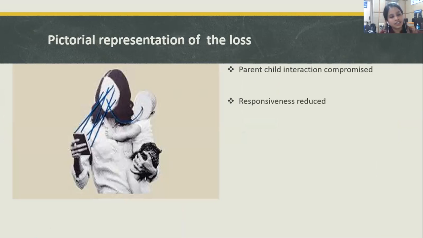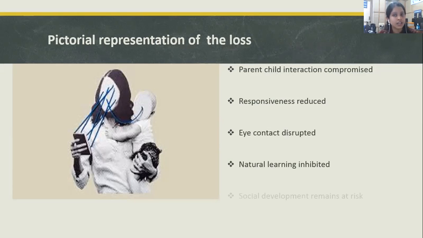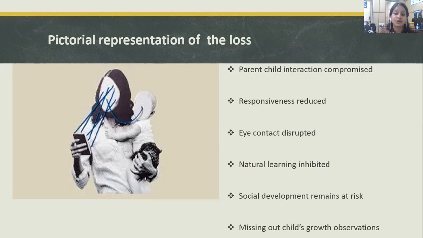Parents less often respond to their child, and also the eye contact is sort of disrupted. With this, the natural learning abilities of the child are going to be inhibited. So that can have an impact on their social development. And finally, I would like to address that the mother is actually going to lose a lot of information about the child's growth observations.